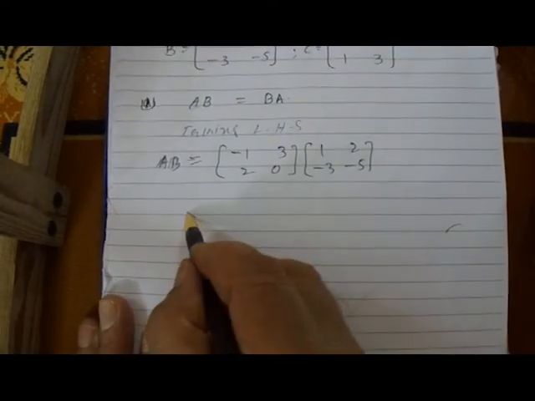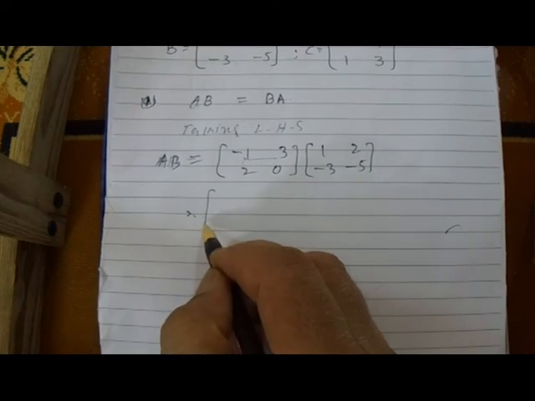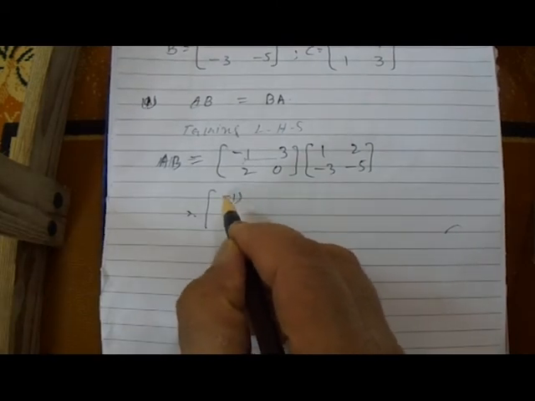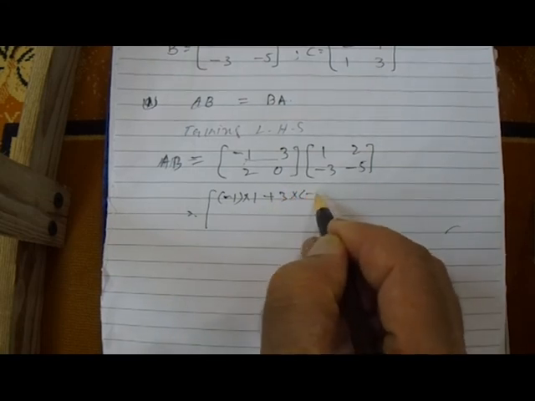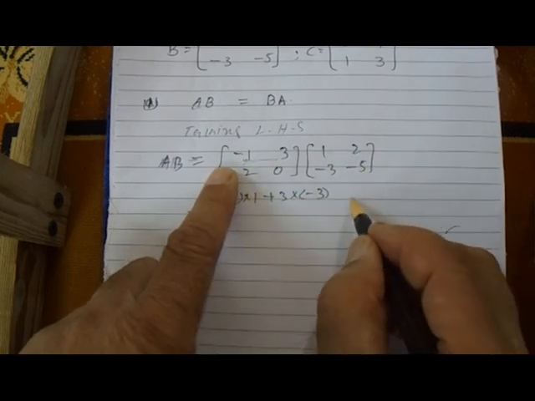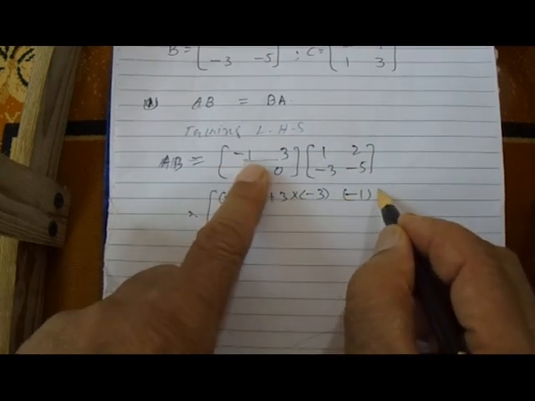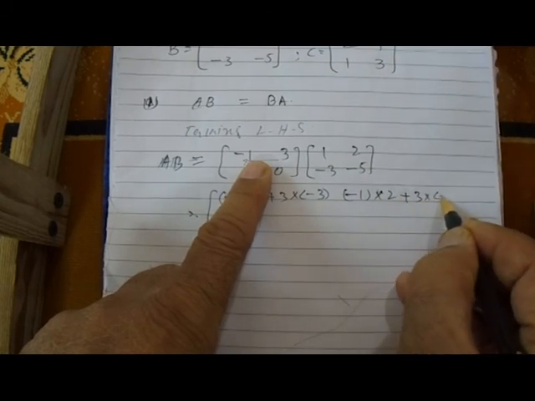and our first row we multiply by this column. Now -1 multiply by 1, +3 multiply by -3. Again this row will multiply this column, -1 multiply by 2 and +3 multiply by -5.